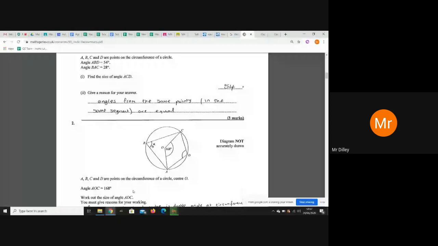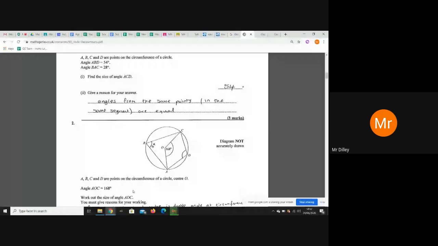It asks for reasons. So what that means is, Year 10, 1 or 2 of the 2 or 3 marks are just for the reasons. And these questions go up to 5 or 6 marks now. Half the marks are for getting the right answer, and half are for stating the right justifications.